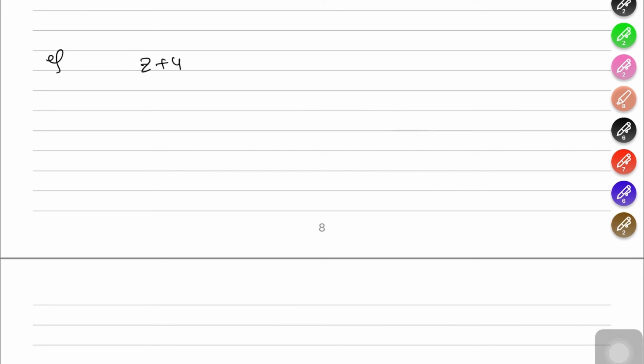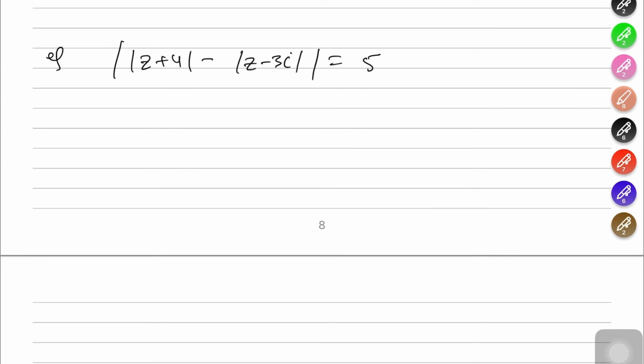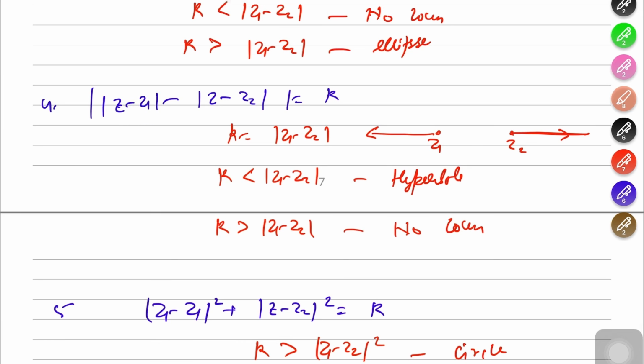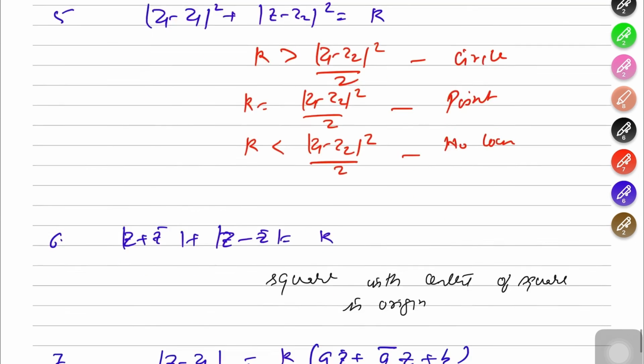Let's say |z + 4| − |z − 3i| = 5. So clearly this appears to be similar to the hyperbola. Wherever we have a mod of z − z1 minus mod of z − z2, then they may represent hyperbola or the ray.